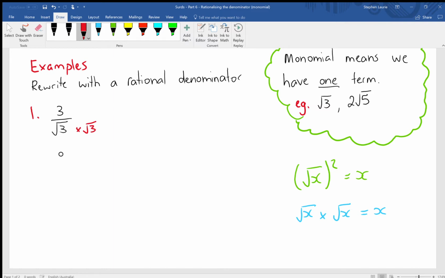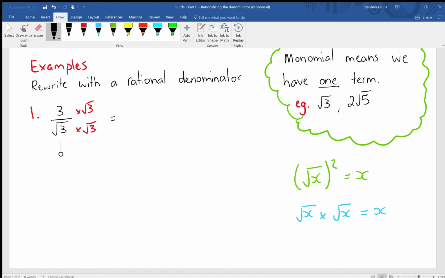But whatever we do to the bottom of a fraction, we must do to the top of a fraction. Otherwise, we will completely change the fraction. So we still want to keep this fraction the same. It's just going to look different. Alrighty, so we're timesing the top and the bottom by the square root of 3.